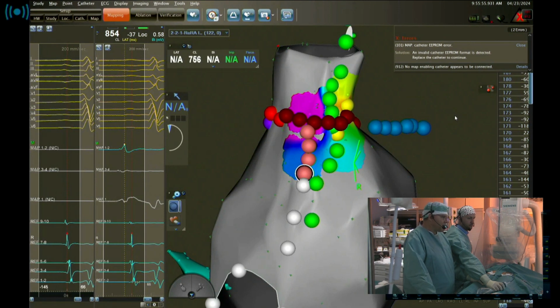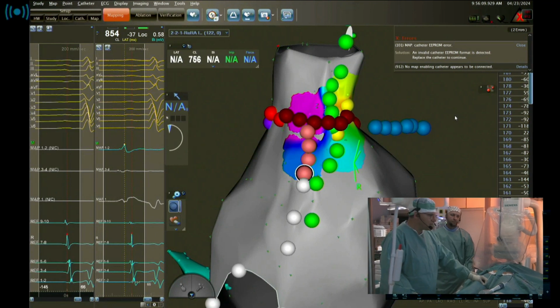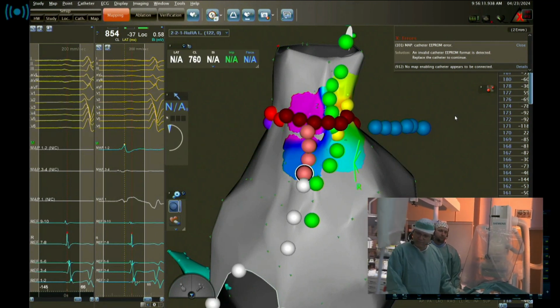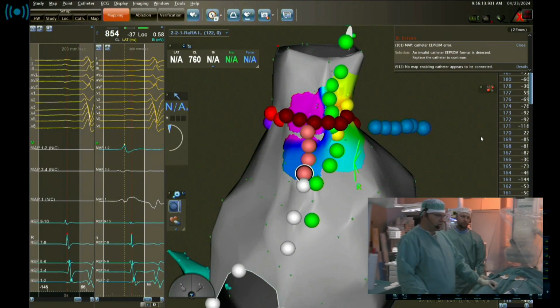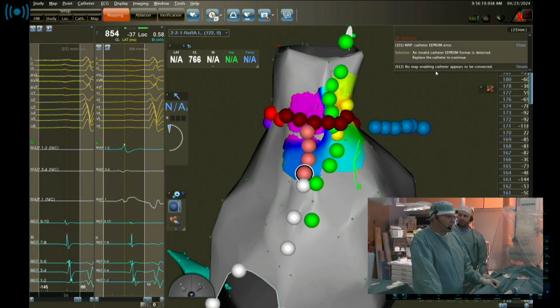There are 4 deliveries, and we decided, because in these parts the right atrium is not as thin as at the junction with the SVC, not to deliver a single pulse of energy, but 2 pulses each of 25 amperes. Just to be sure that we are transmural.